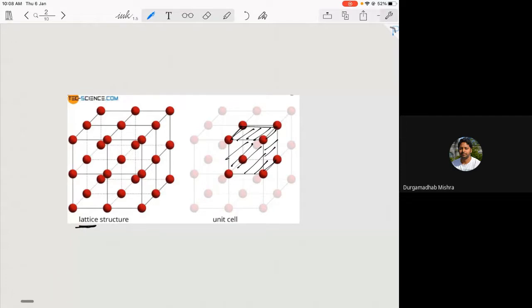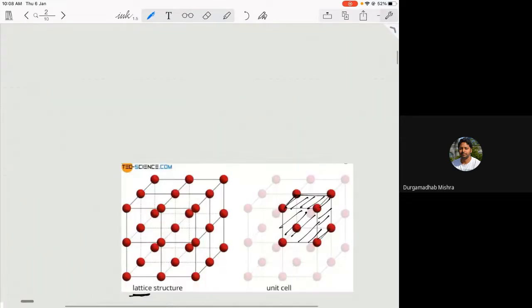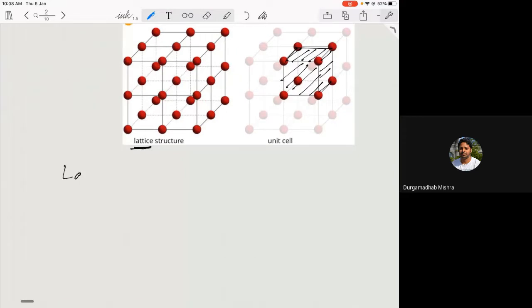A lattice is an infinite arrangement of points, just simple points in space.